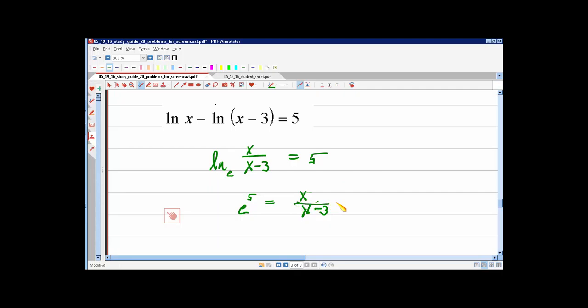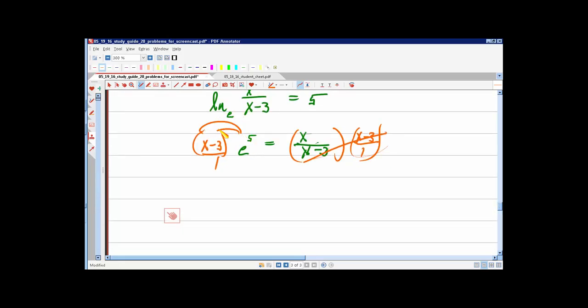So now, what can I do? Well, to solve that equation, I'm going to multiply both sides by x minus 3 over 1. And now I'm going to distribute over here. So I'm going to get e to the fifth x minus 3e to the fifth equals x.